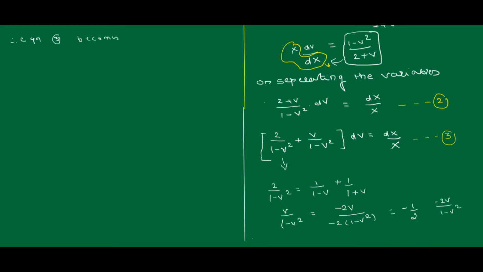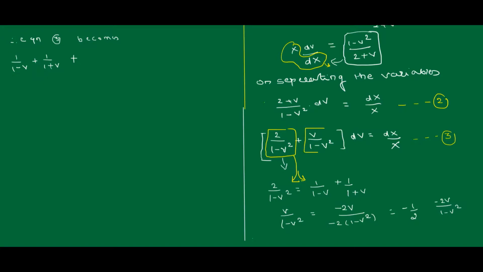So now this first term, 2 divided by 1 minus v square, we can also write it as 1 divided by 1 minus v plus 1 divided by 1 plus v, plus the second term.